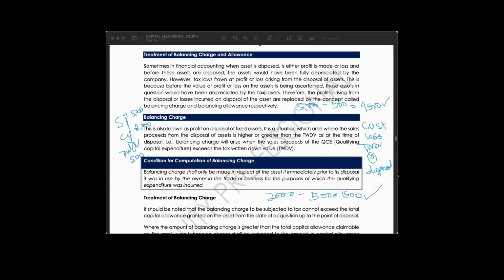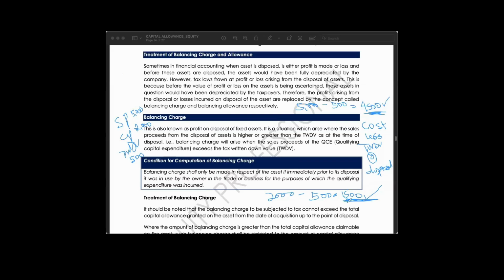And your balancing charge, according to what you have calculated, is 4,500. The act is saying that your balancing charge cannot be more than total allowance on the asset disposed.